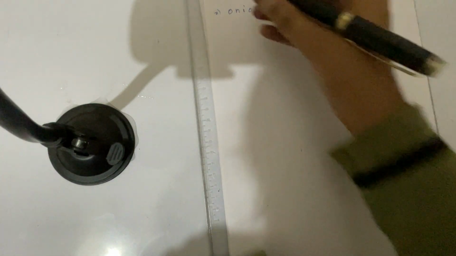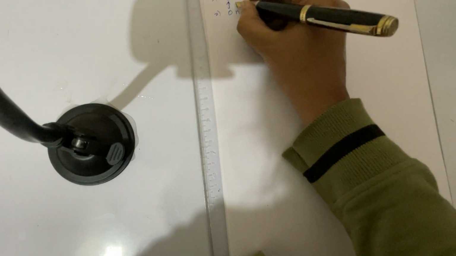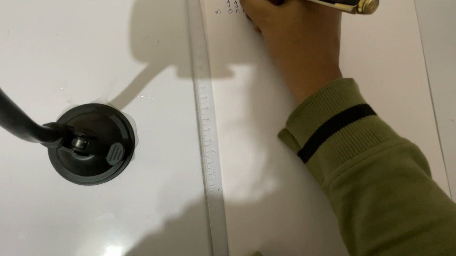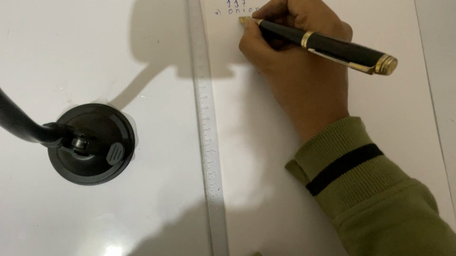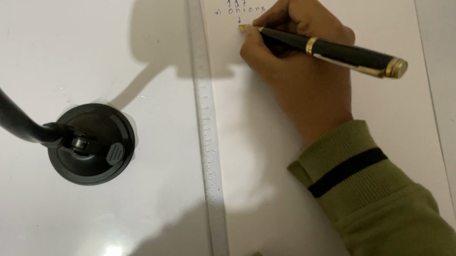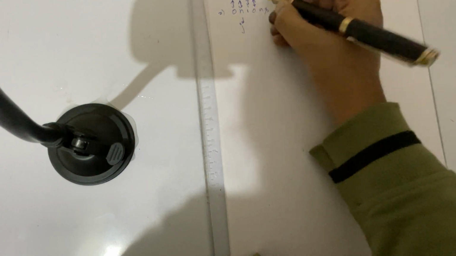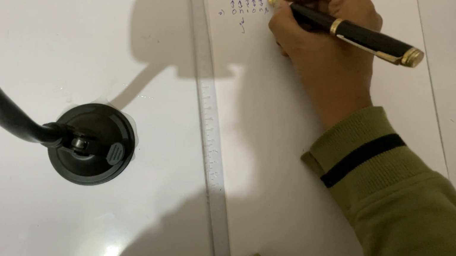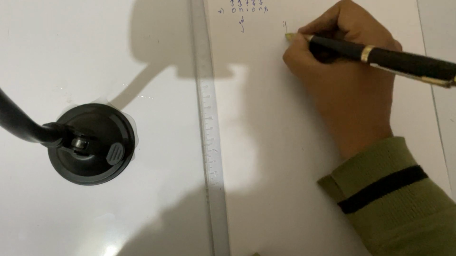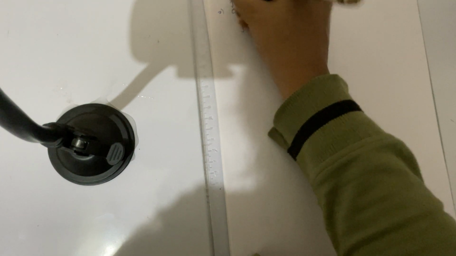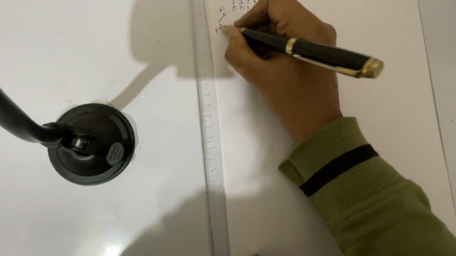So I have to match onions with onion. What I'm going to do is simply match this with this, this with this. Let's say this is I and this is J, and this is matching with this. So let's say this is text and this is pattern.